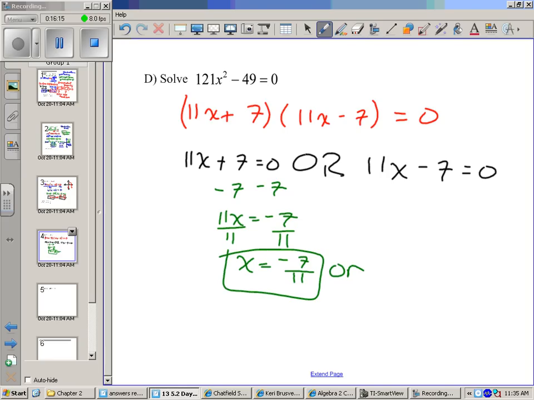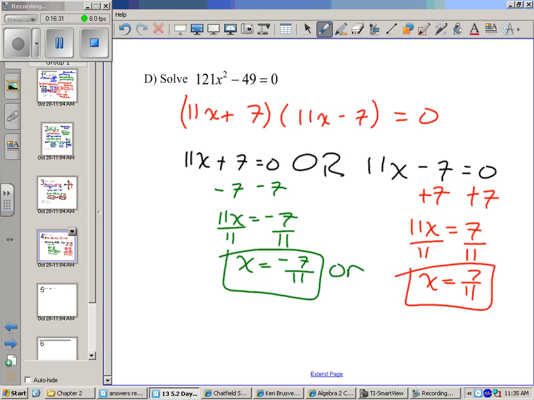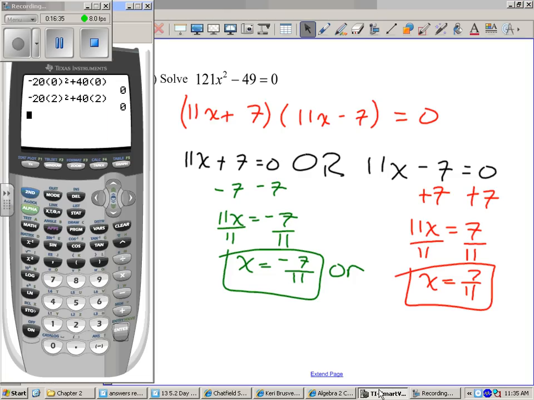Or, I can go to the other side and add 7, 11x is equal to 7, divide by 11, x is equal to 7 elevenths. Two answers.